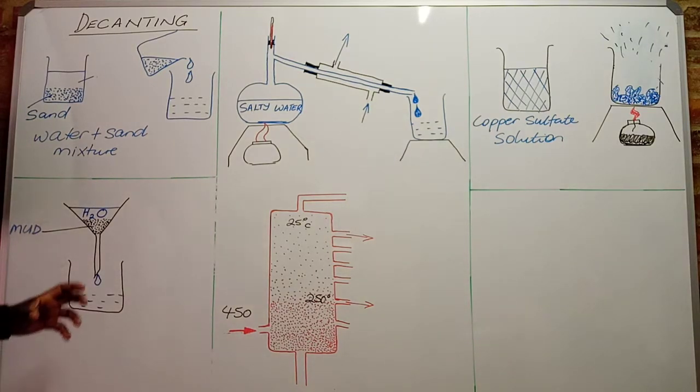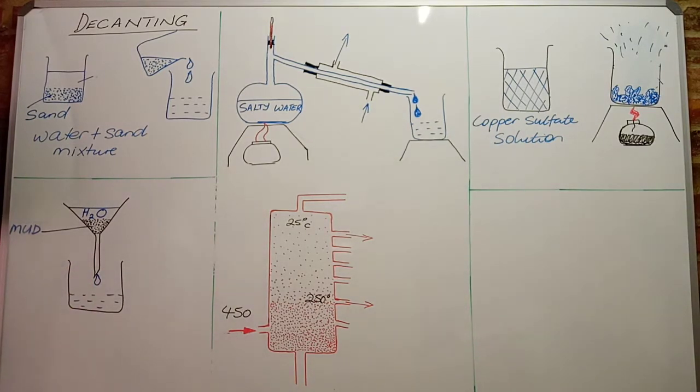It is insoluble in water. However, mud is made up of clay, the kind of soil that is clay soil. When clay soil mixes with water, you cannot use the decanting method because clay soil is so fine that much of it will float in water.